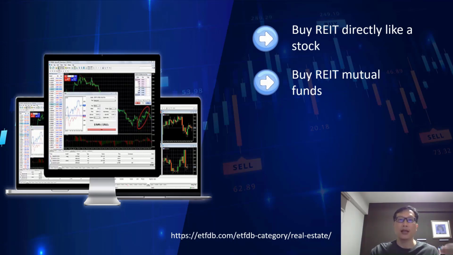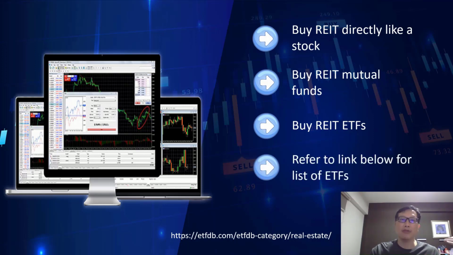Now, with the development of the ETF market, there are a number of REIT ETFs that you can also consider. Some of these are actively managed, just like a mutual fund, while some are just passive baskets of underlying REITs, and typically they cost less. You can refer to the link below for a list of REIT ETFs.